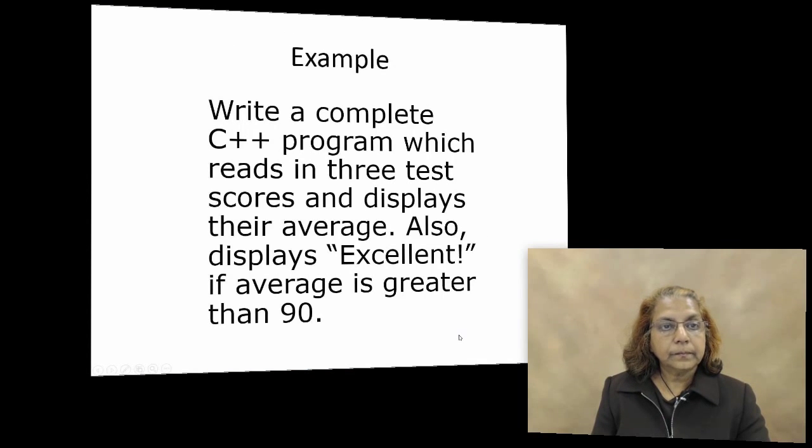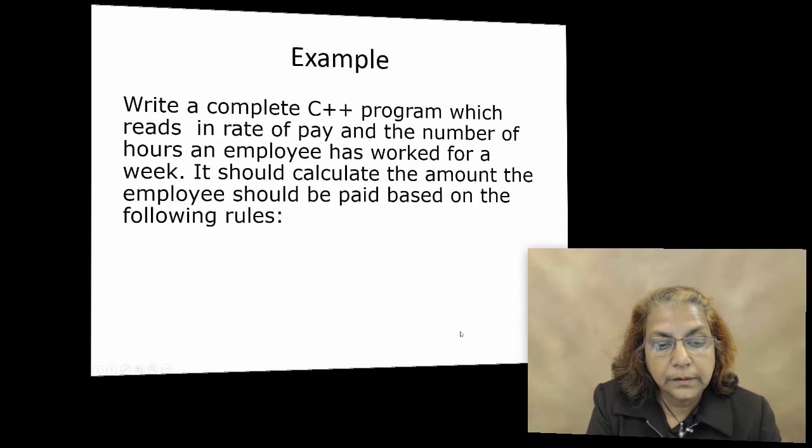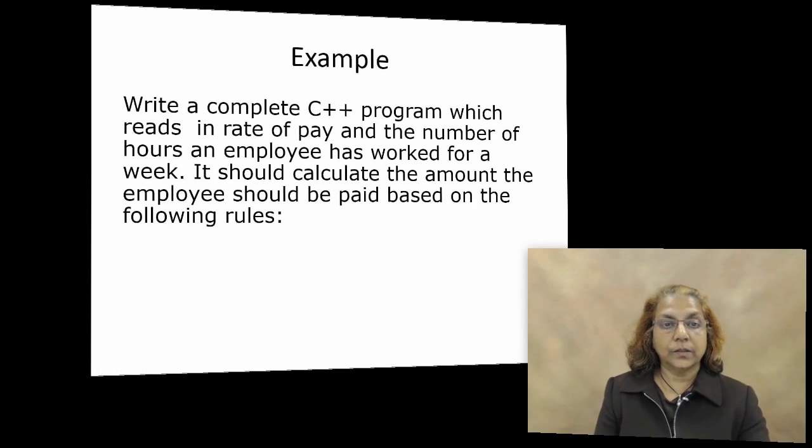and let's write one more program where we have else also. So what we will be doing, write a complete C++ program which reads in rate of pay and the number of hours an employee has worked for a week.